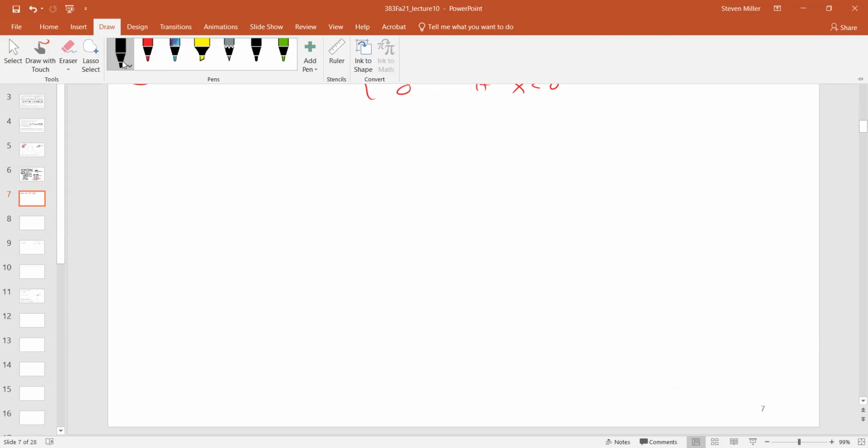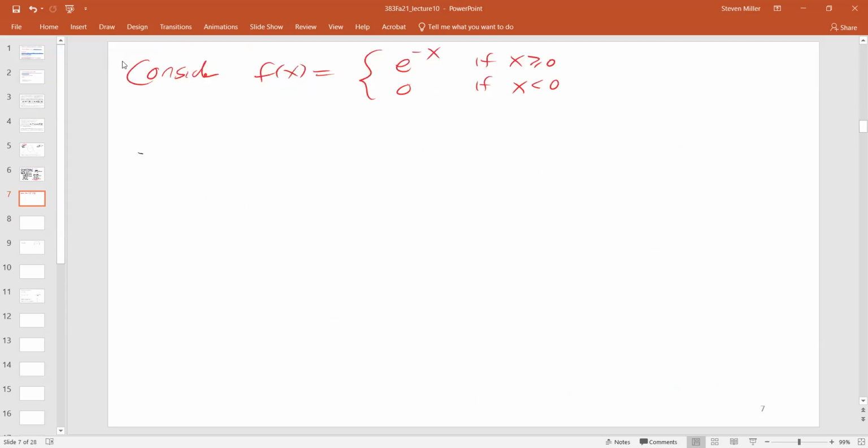So is this a probability distribution? Does this integrate to 1? Is it non-negative? Yeah. So it integrates to 1 and is non-negative. Let's try to calculate the moment generating function.